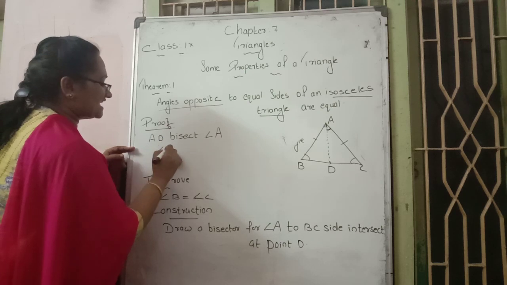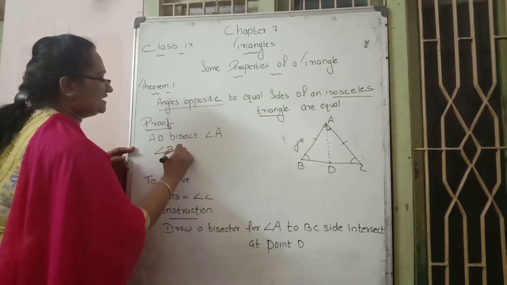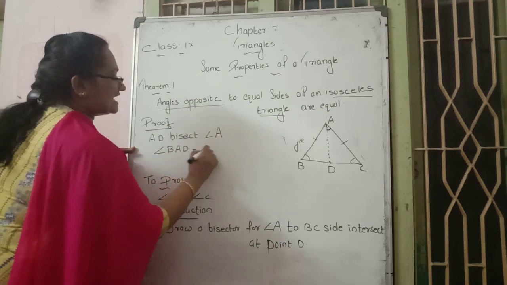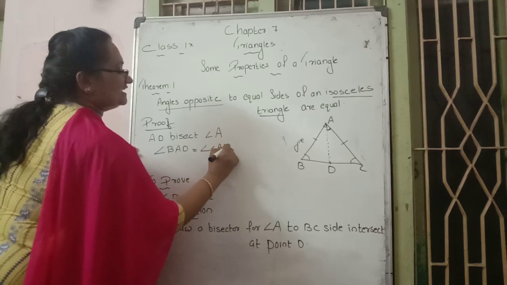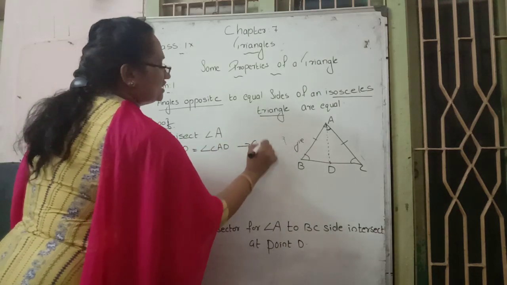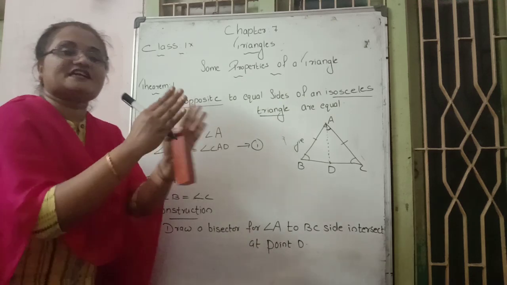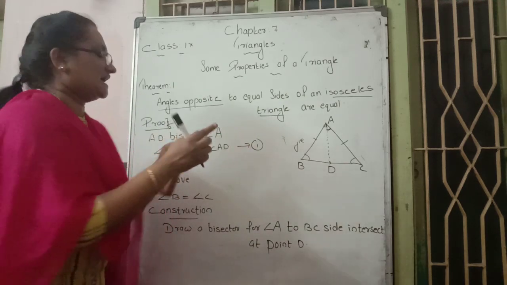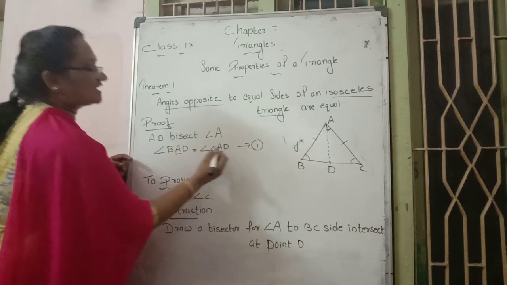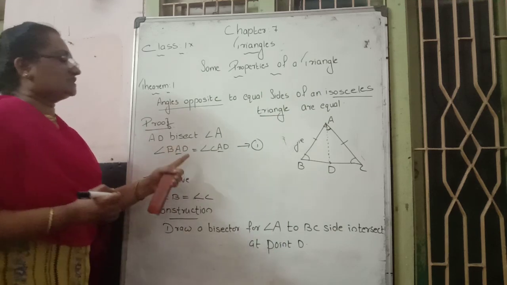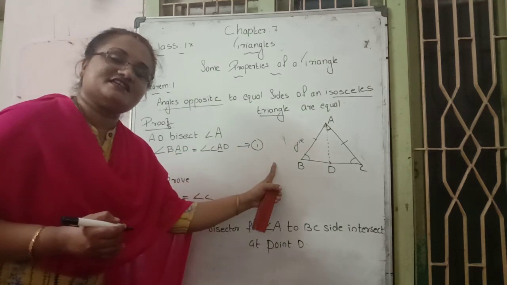Which are they? Angle BAD and angle CAD are both equal. Only because the bisector cuts our angle A into 2 equal angles, the 2 angles become equal. That part we can mark as an equation.